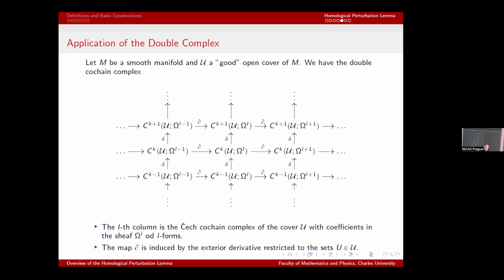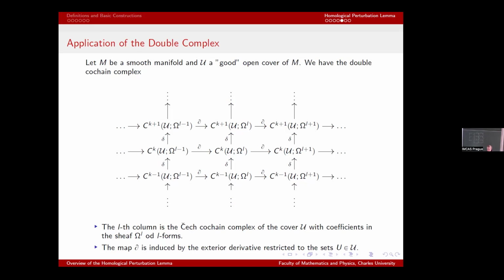The maps partial are just the exterior derivative between these sheaves of differential forms on open subsets of our good cover U, and the differentials delta are the differentials from the Čech cochain complex.